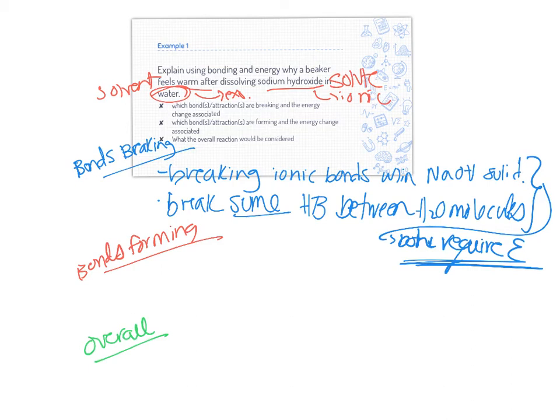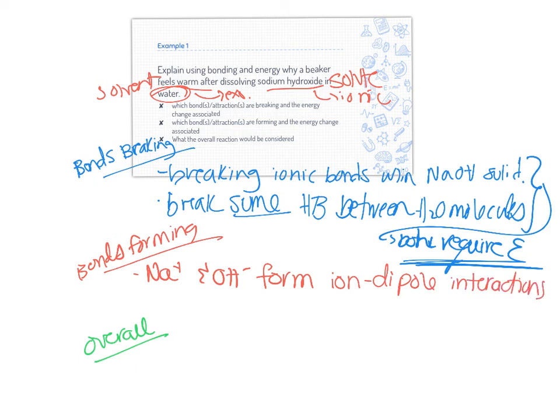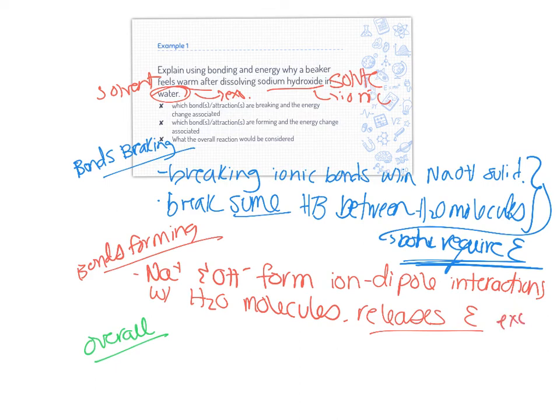Which bonds form? The Na plus and OH minus ions form ion-dipole interactions with water molecules. Remember, forming new bonds releases energy. So this is exothermic, whereas breaking bonds was endothermic.